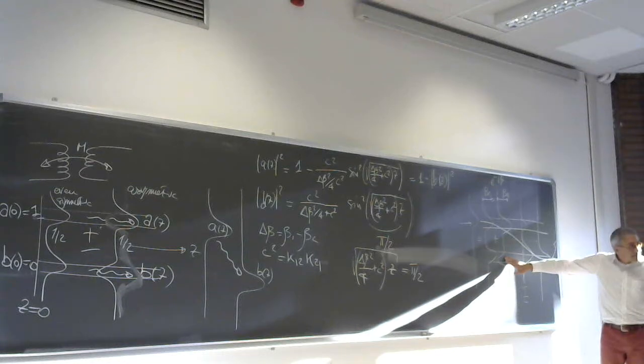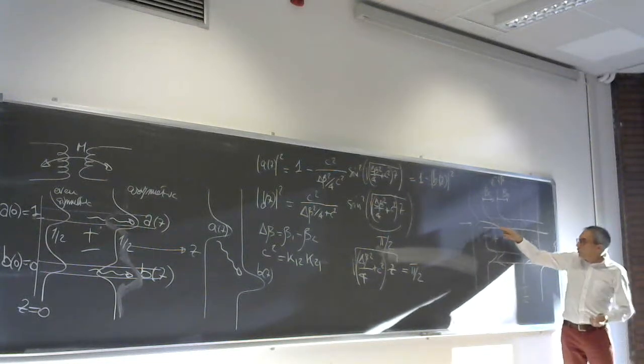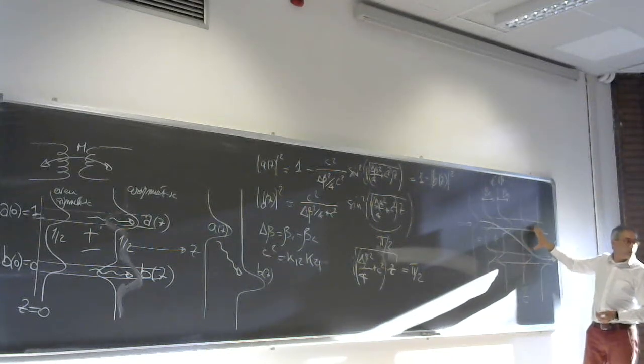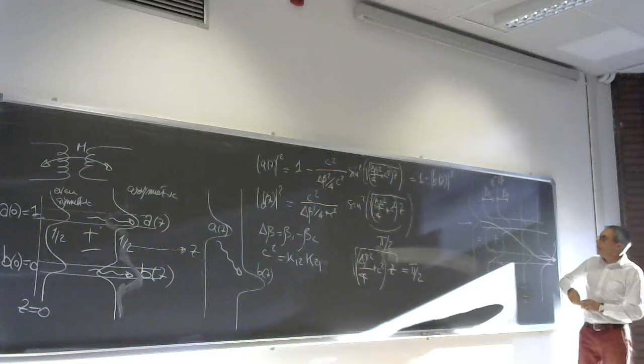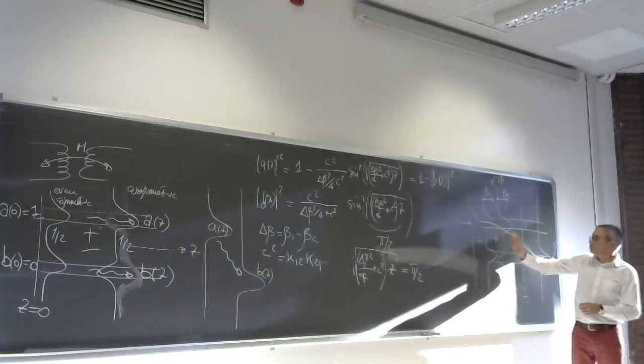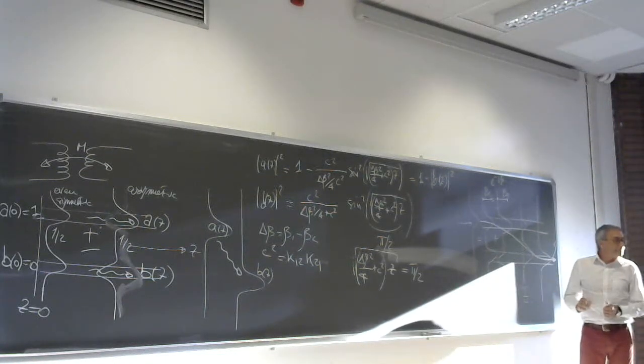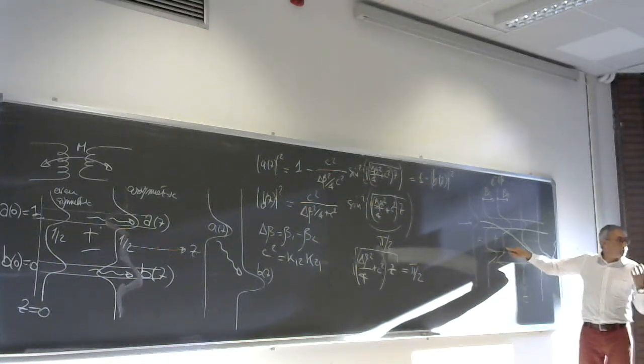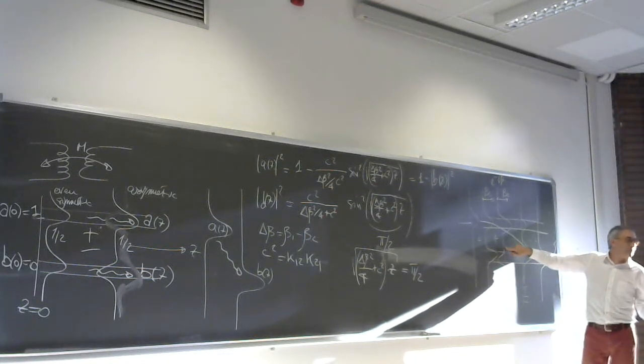Well, you can see it if you launch only one mode. If you launch only this one, you see this one propagate, continue, and it is always the same. It does not change shape and amplitude. It's a mode. And also this one. Because you see the intensity, you don't see the phase.